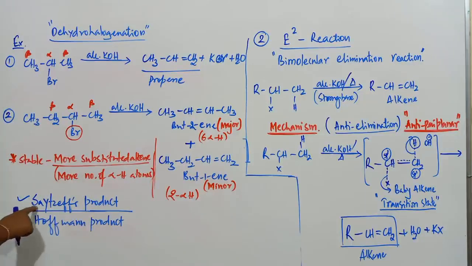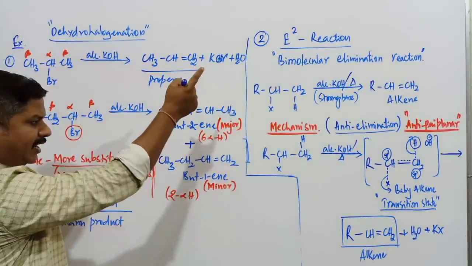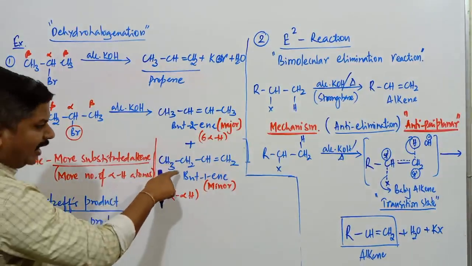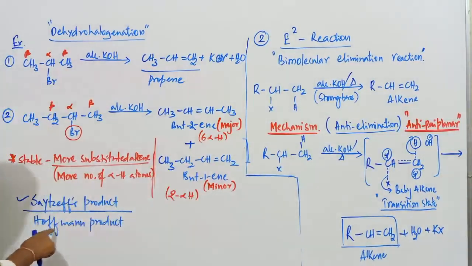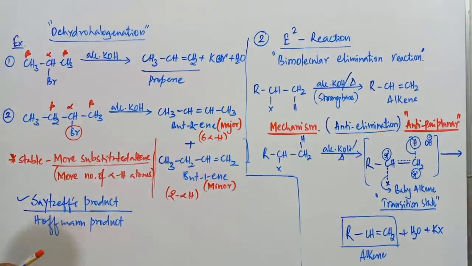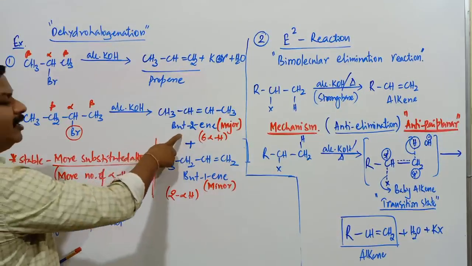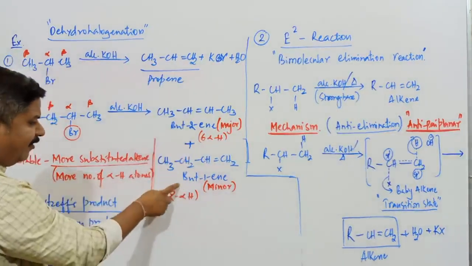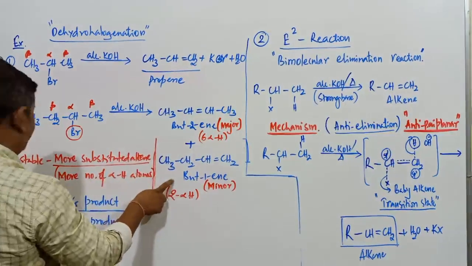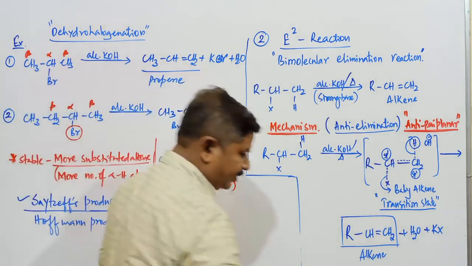What is that Saytzeff product? Whichever alkene is produced, if it is more substituted and more stable, that is always the Saytzeff product, and the remaining less stable product is the Hofmann product. The Hofmann product is always the minor product in most cases. The Saytzeff product is the more stable one, and the Hofmann product is the least stable, in this dehydrohalogenation.